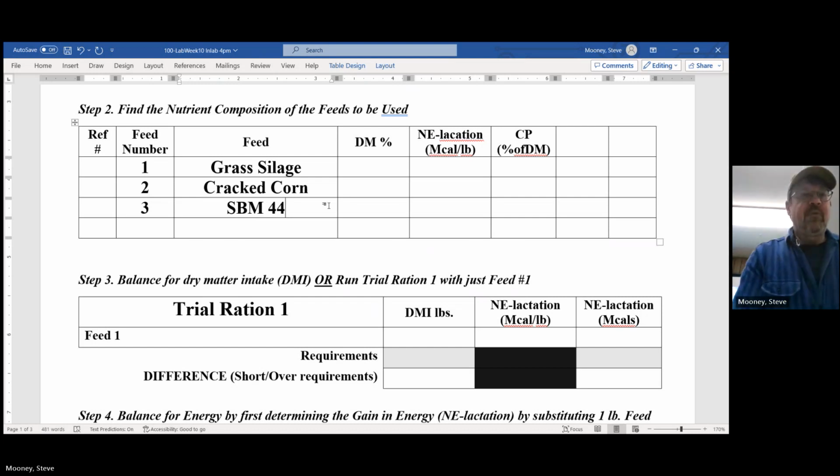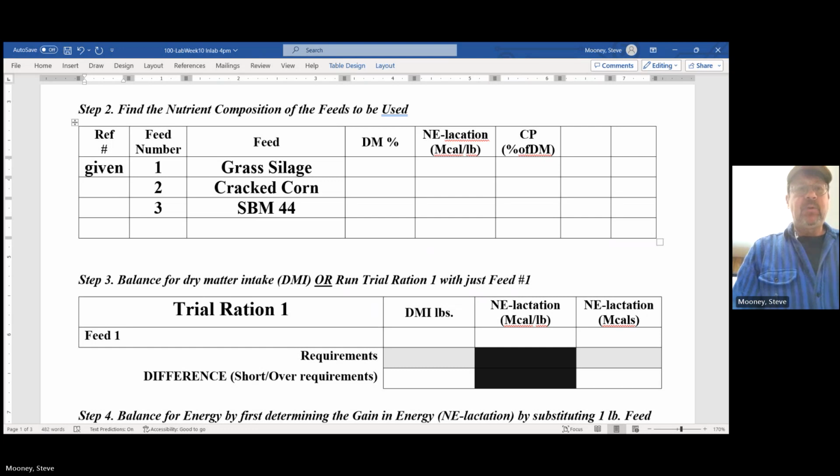So for the reference number, or the entry number, I'm going to give you the composition. For our reference number for cracked corn, we're going to use 26. And for the soybean meal, that's going to be 106. For the grass silage, I'm giving you the numbers.